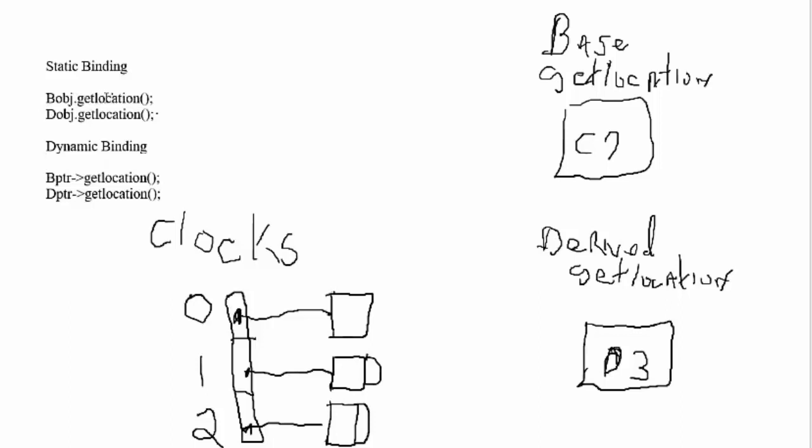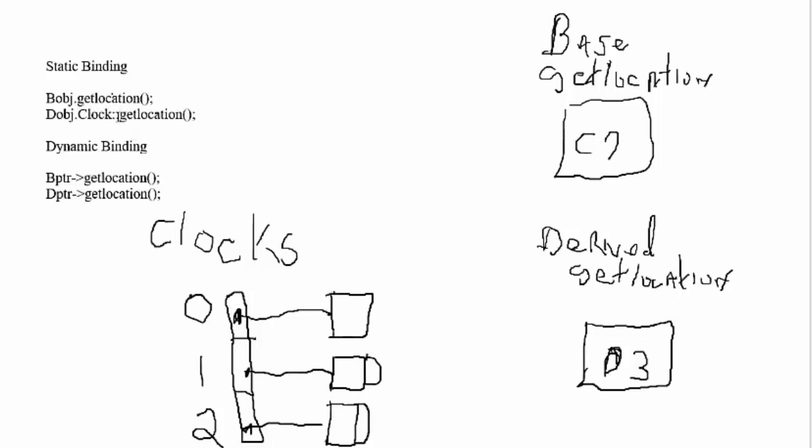bObject.getLocation, I know that I'm calling the base class getLocation because this is a base class object. If I invoke the getLocation with a derived class object, dObject, I know that I'm calling the derived class getLocation. Remember in the last example I showed you, if I wanted to call the base class one, I would put the scope resolution operator on there.